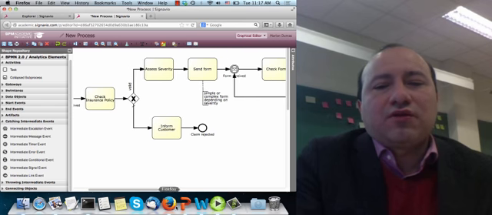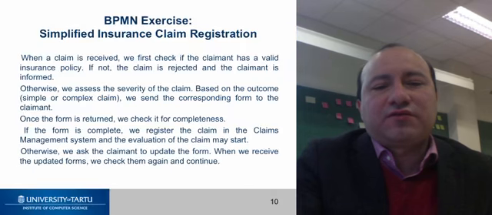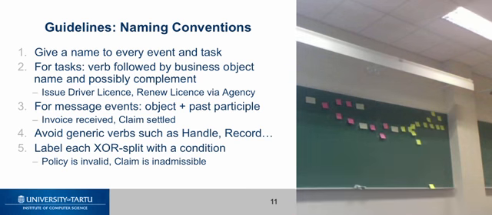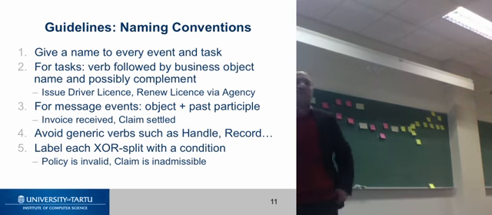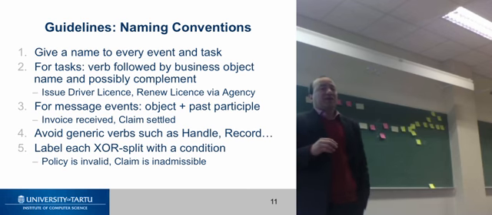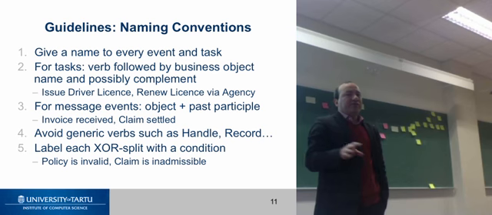Okay, so let me summarize some guidelines of naming things. Every event, as you saw, I will give a name to every event, and I will give a name to every task. For task, I use verb followed by noun, possibly with a complement.